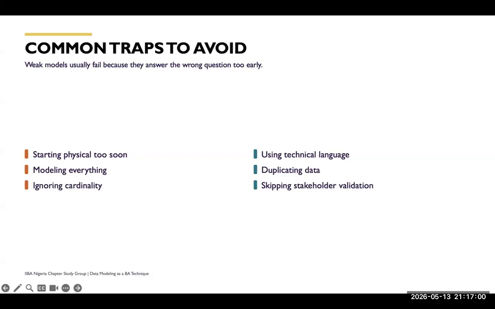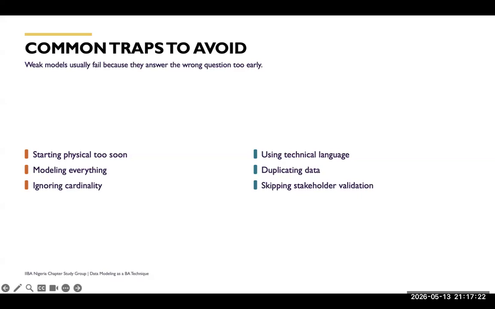Okay, so in modeling the data within an organization, within a business, within an IT system, we have some traps that come up. As business analysts, we know that there are lots of traps that tend to come up when we're doing our work. And these traps come up often.